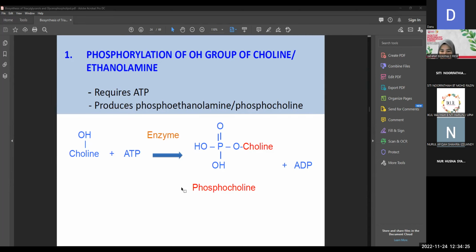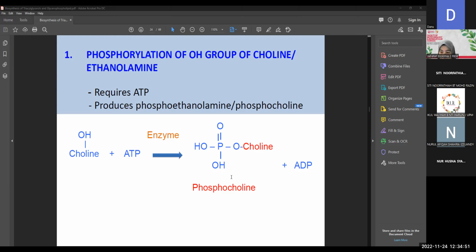The first step is the phosphorylation of the hydroxyl group of choline or ethanolamine, the first step in the formation of phosphatidylcholine or phosphatidylethanolamine. Phosphorylation requires ATP.